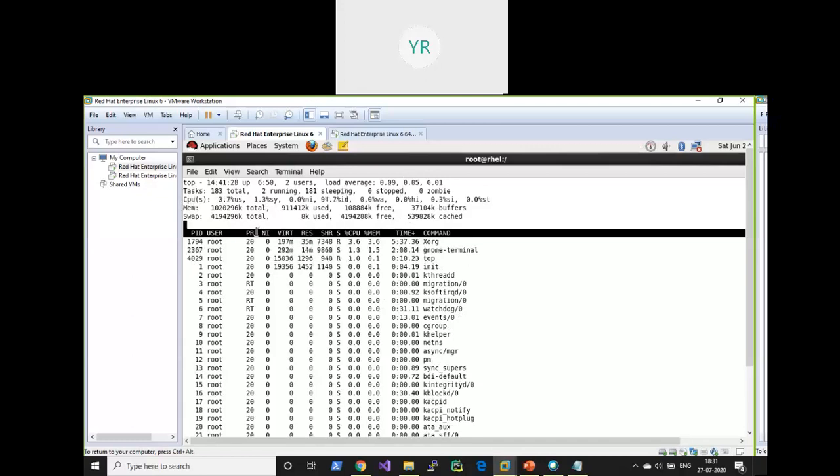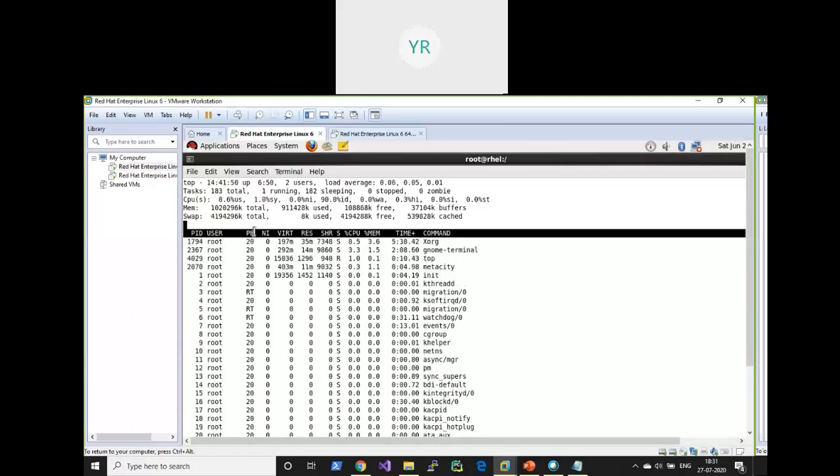Next, after that you have a small table here, in which you have fields like PID, USER, PR, NI, VIRT, like that. The first one is PID, the process ID. Next one is user, which user is running this process.